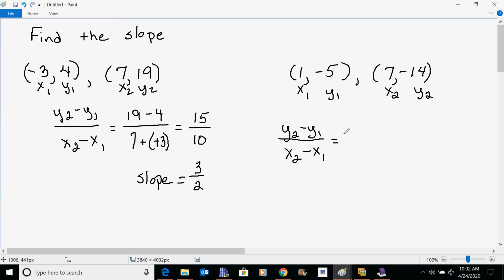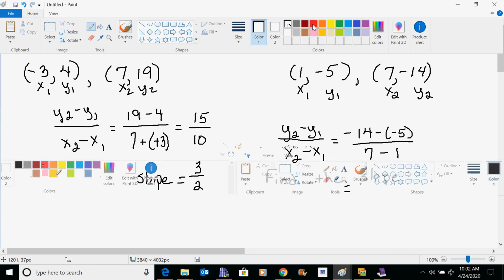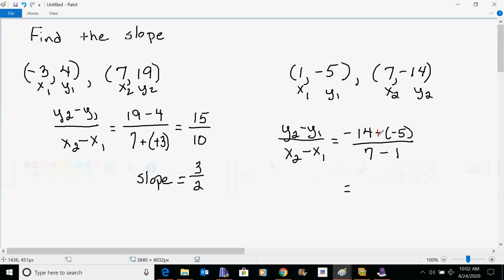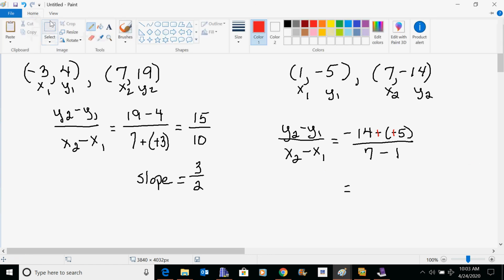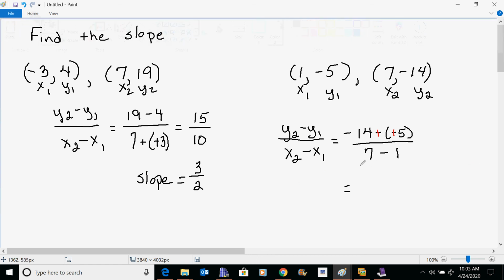So here I'm taking negative 14 minus negative 5. And we're taking 7 minus 1. Minus negative, as we know, turns into plus positive. Keep, change, as many of you are very accustomed to doing.